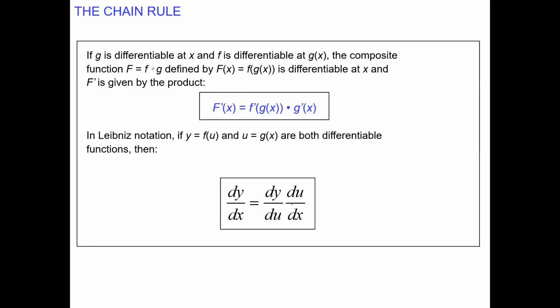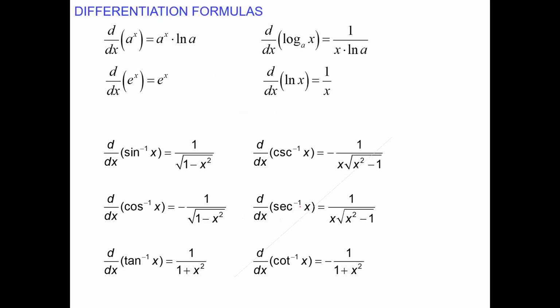Or if we like the Leibniz notation, derivative of y with respect to u times derivative of u with respect to x. Okay, chain rule. And then logarithmic and exponential forms and the inverse trick. We have to know the top ones: exponential, natural and the general one, logarithmic.